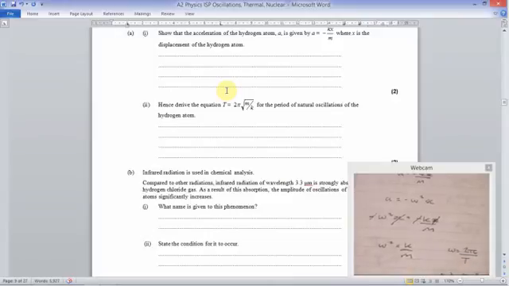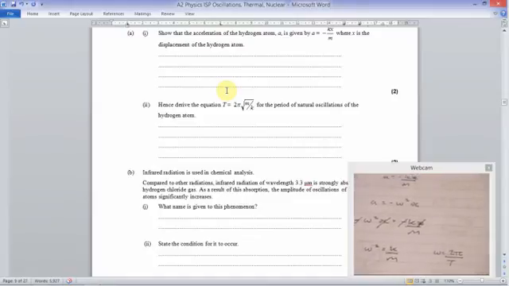Essentially, all you need to do now is rearrange this for T is equal to 2 pi over omega, then substitute your omega in from over there. Omega is equal to root k over m.